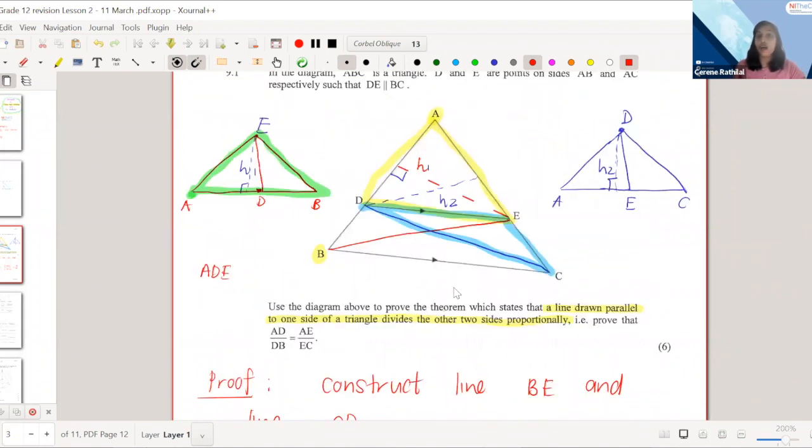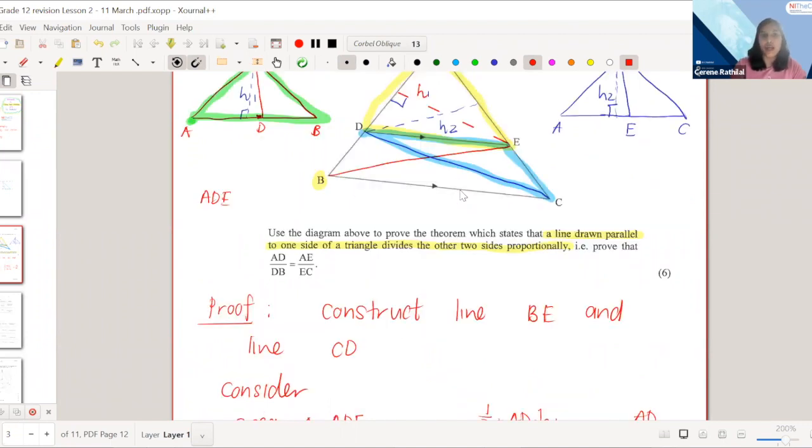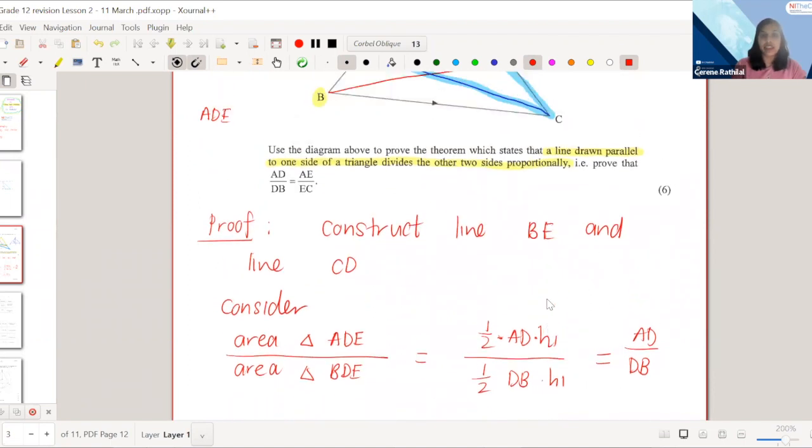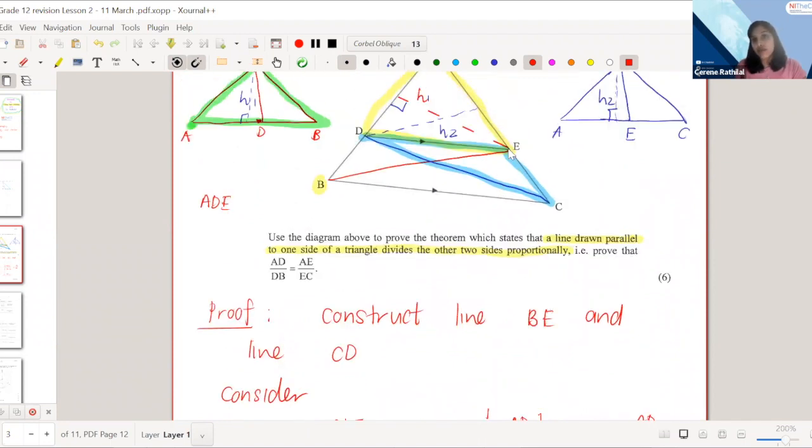Once again, half base times height. So it's half the base of the triangle this time round. If I utilize the base as AE, then I observe that the height is H2. So it's half AE times H2. So that's when H2 comes into play. And for the triangle DEC, it's half times the base, which is EC, times the height H2.